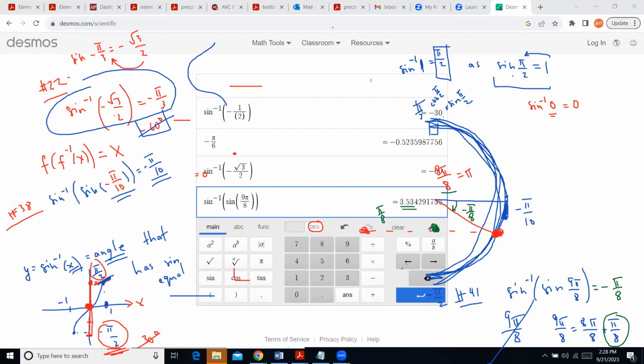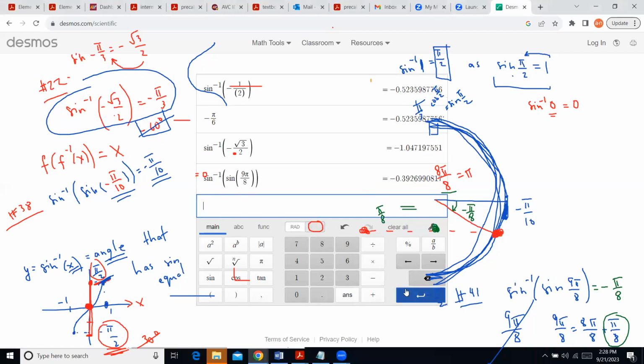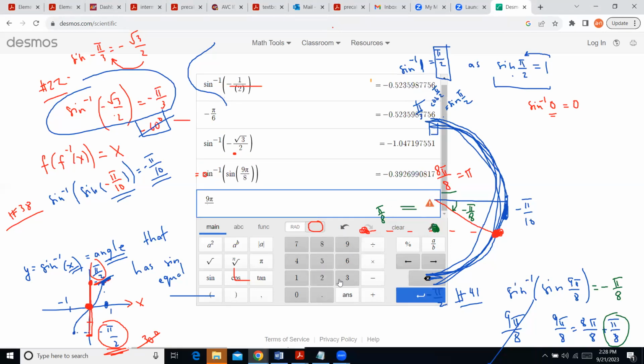So notice that the calculator gave me something that I can't really see very clearly. Well, that's in terms of degrees, right? So degrees, radians. So the actual radian value is here. And again, it's not clear. But if I entered 9 pi over 8, it better be the one that I produced.